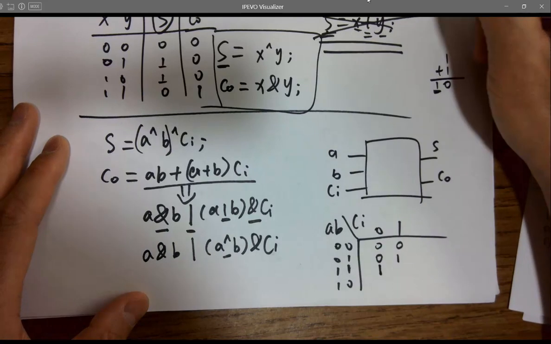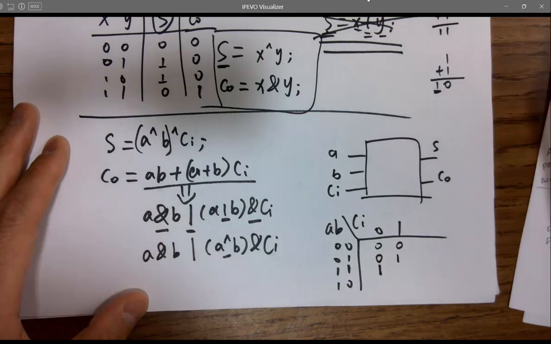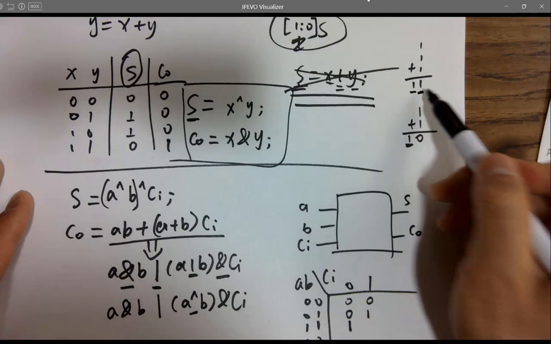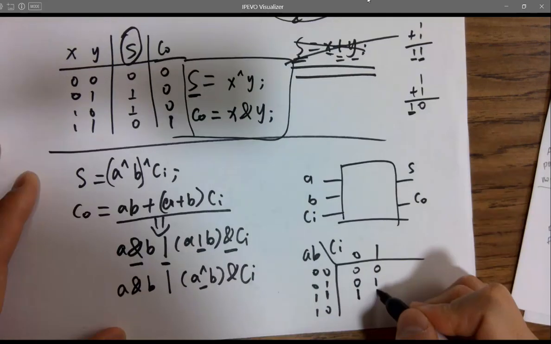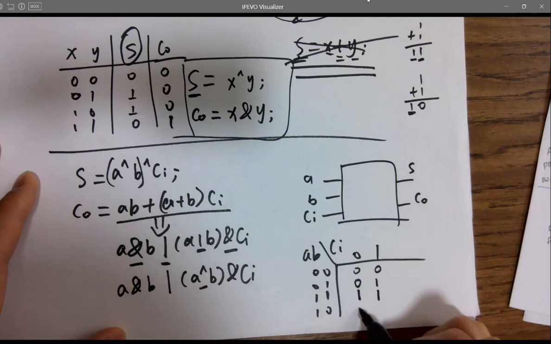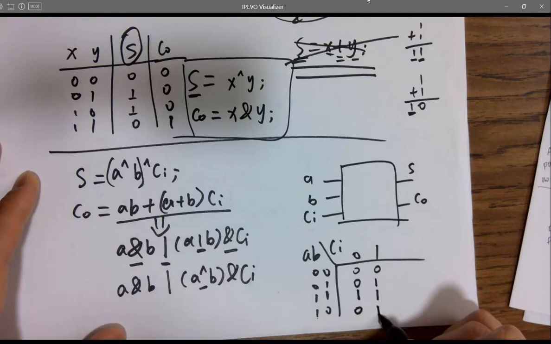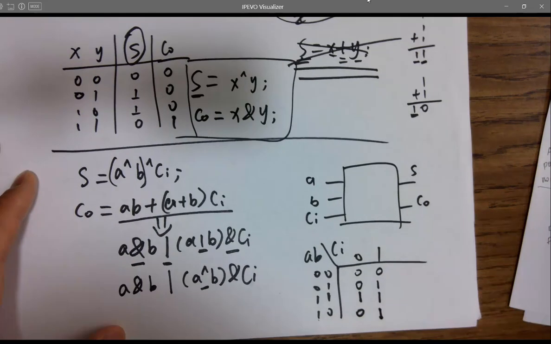It's going to be 1. So 1, 1, 1 adding together, it's a 1, 1, right? 1 plus 0 plus 0, 0, right? 1 plus 0 plus 1, 1.